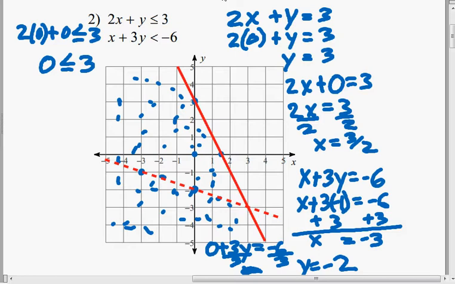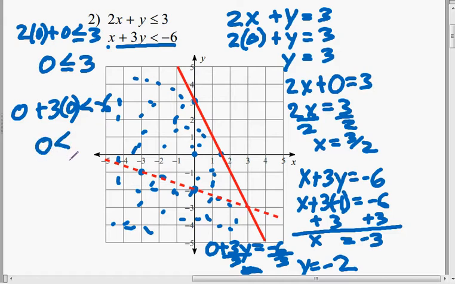Now I look at my shading. I'm going to do the same thing. I'm going to pick a point that's easy to calculate. 0, 0 is the easiest one to calculate. So I do 0 plus 3 times 0. Is that less than negative 6? Is 0 less than negative 6?